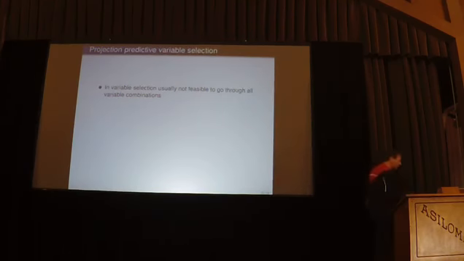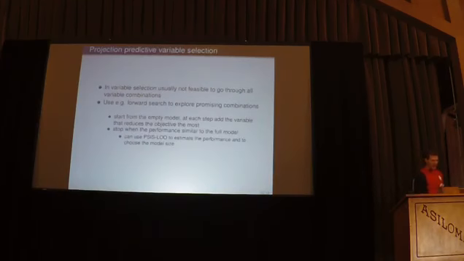The projpred package also has a faster way than the forward search. So when we have a very large number of models, we can get a quite good guess for the order with L1 norm search.